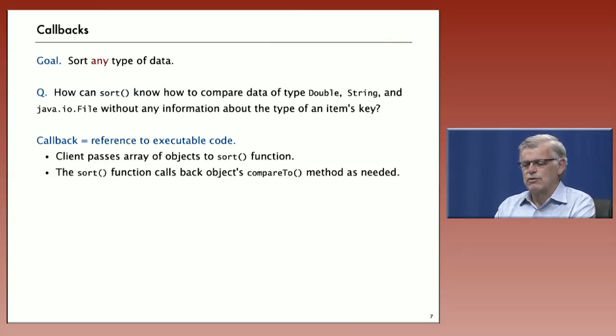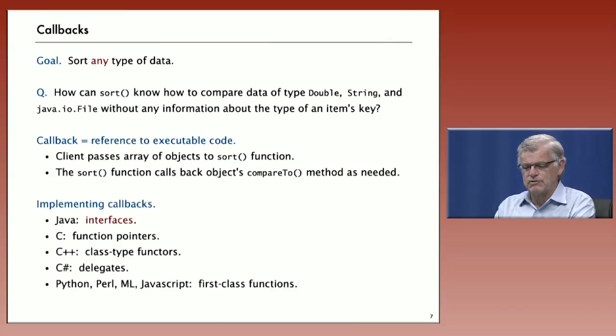Then the sort function calls back the compareTo method associated with the objects in the array whenever it needs to compare two items. There's a lot of different ways to implement callbacks, and that's programming language specific.